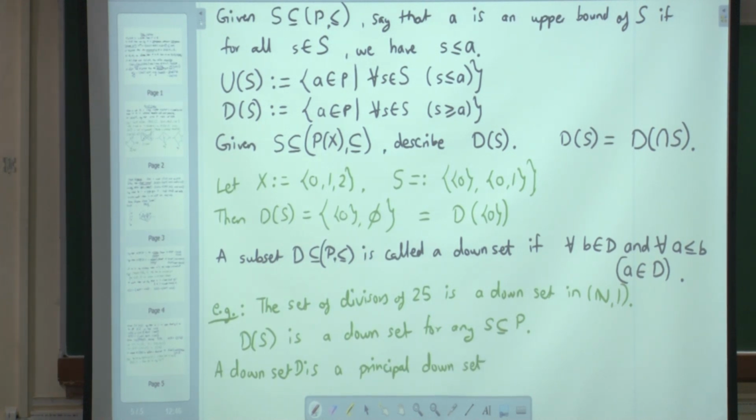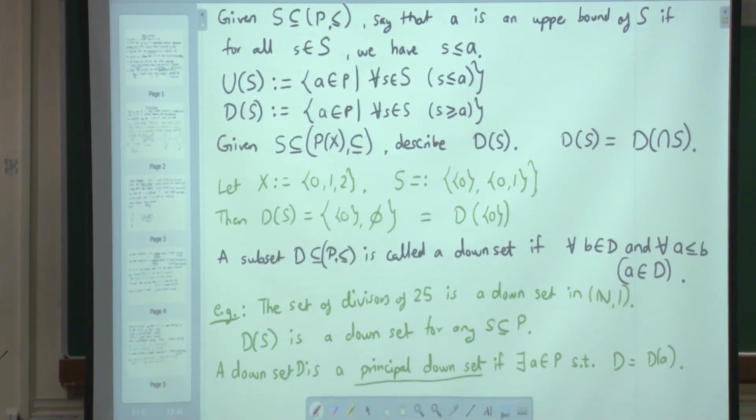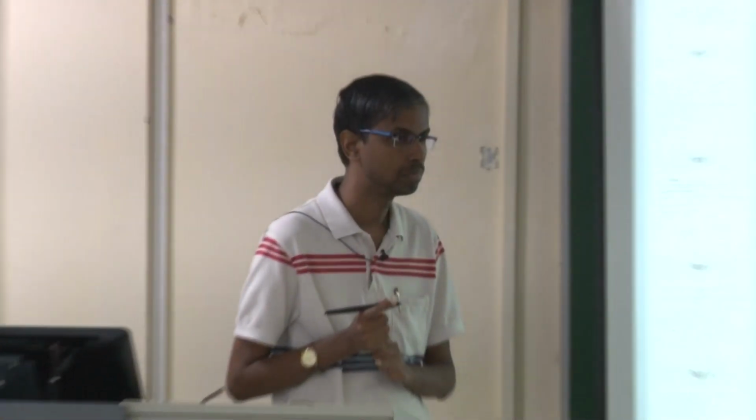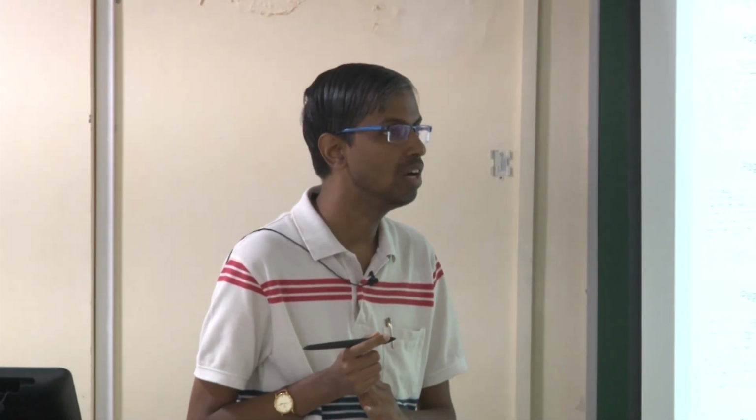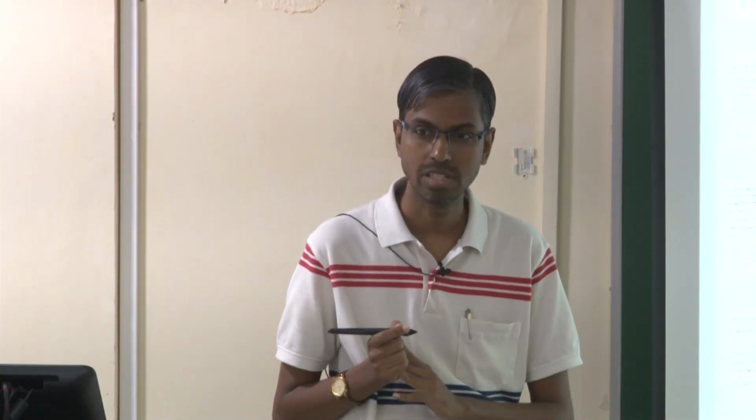The word principal stands for a rule. D is a principal downset if there exists an a in P such that D is equal to the downset of a. It is precisely the collection of all the elements less equal a fixed element. Then it is called a principal downset.